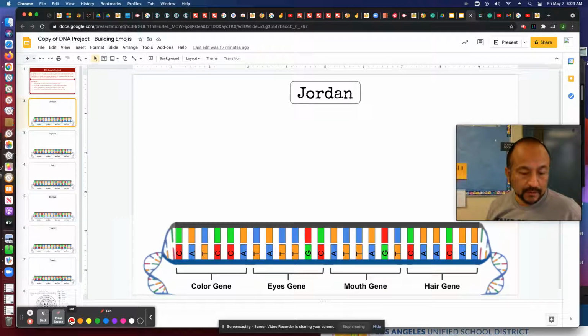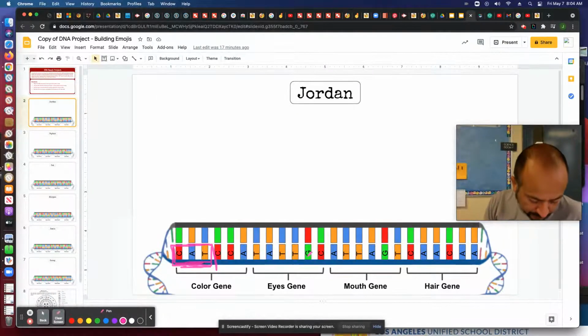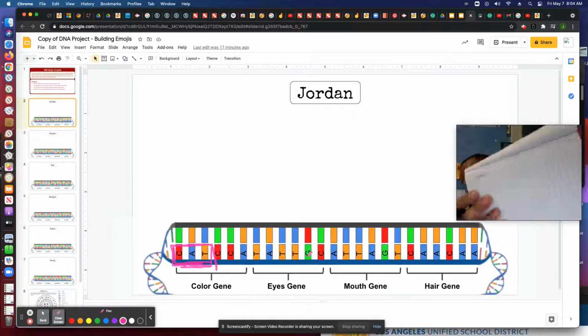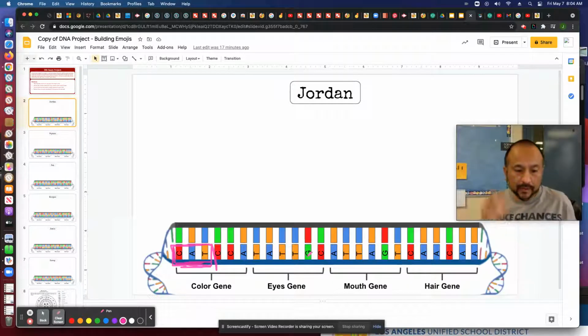Let's go with something that stands out. Black. Okay, that doesn't really stand out. None of them are going to really stand out too much. We have CAT. We're just going to look at these three first. Okay, so I'm going to write Jordan just on a sheet of paper. I'm writing Jordan. There it is. And I'm going to write color gene.